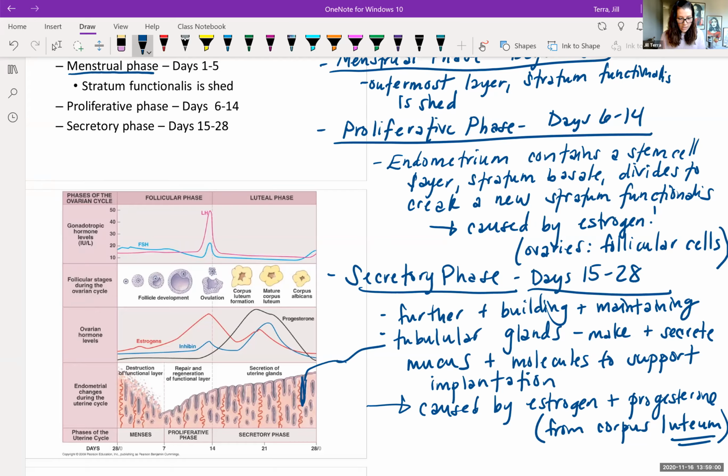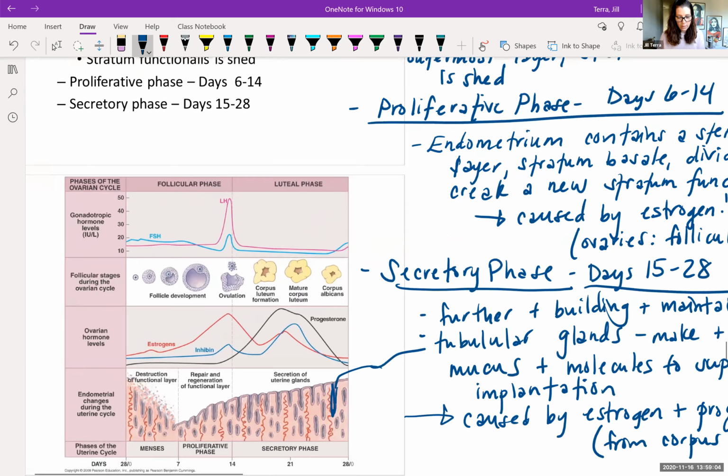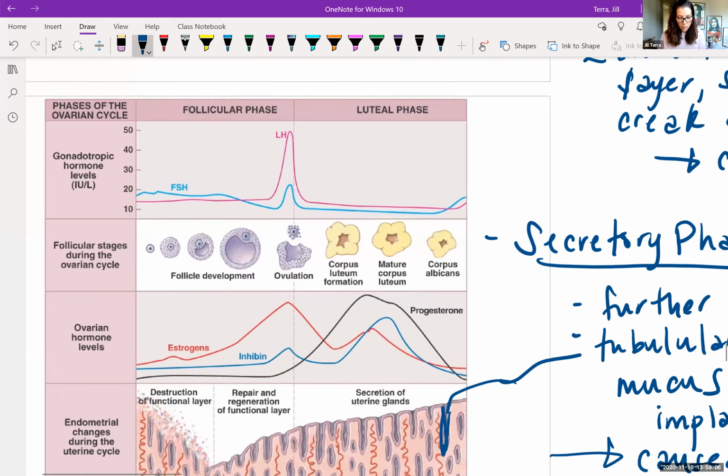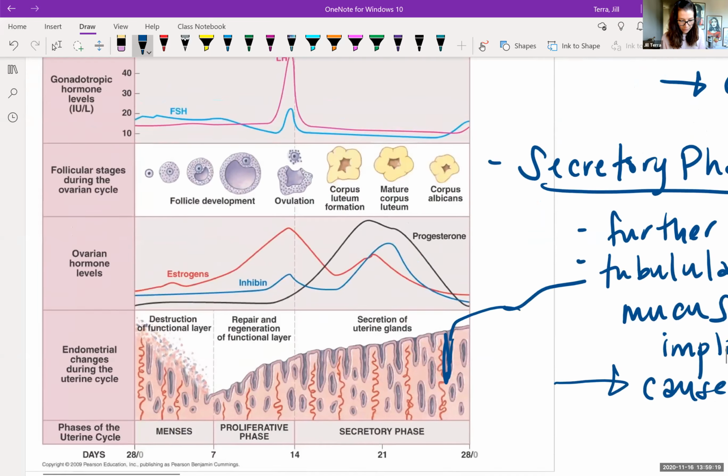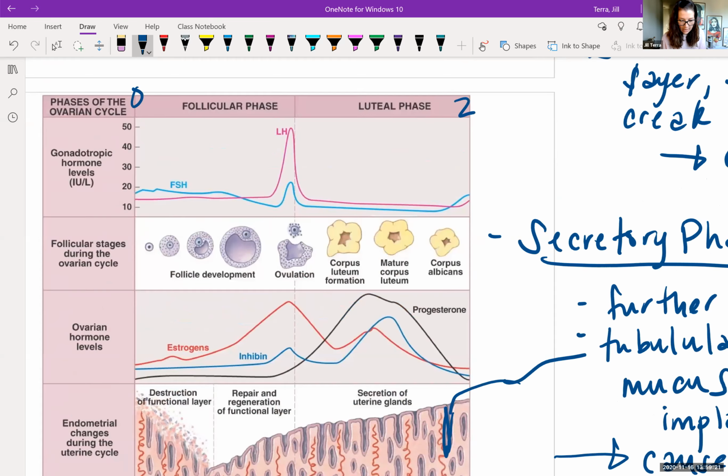I absolutely love this graph because it builds upon what we've already been looking at. We're looking at the phases of the ovarian cycle, which we've already looked at right before. We see FSH and LH and their levels over this time frame, day 0 to 28.